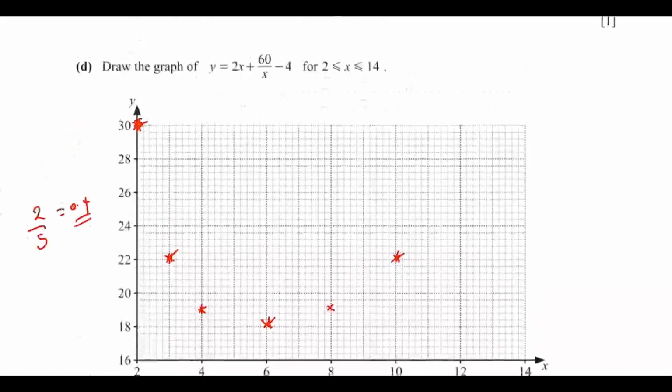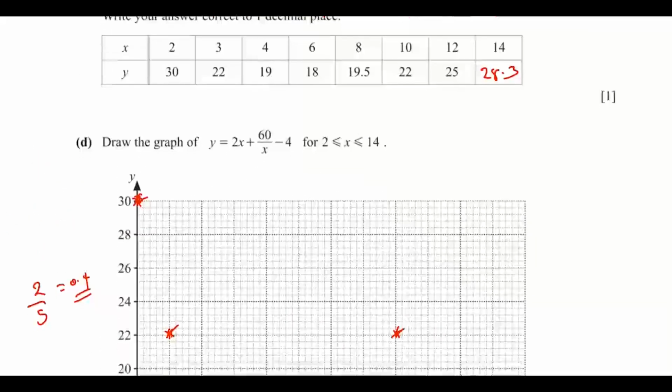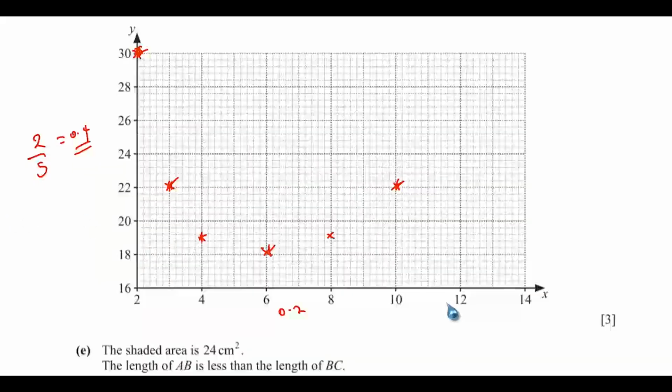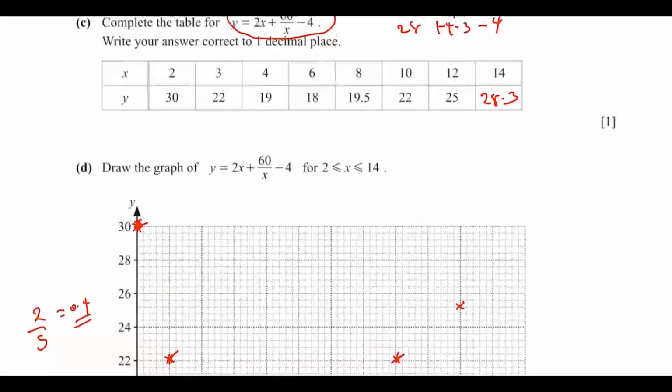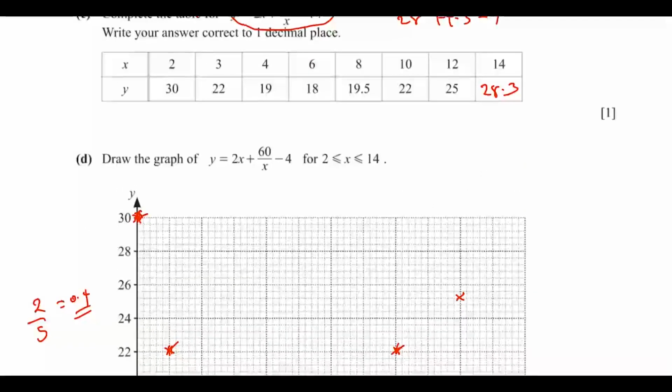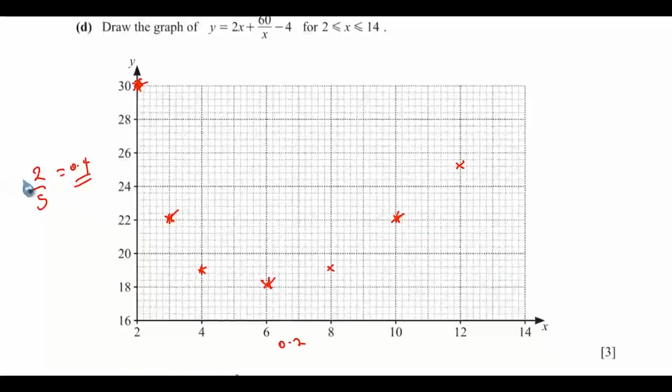The next one will be 12 against 25. It will be the middle of 24 and 26, so it will be here. Then the next one will be 14 against 28.3.